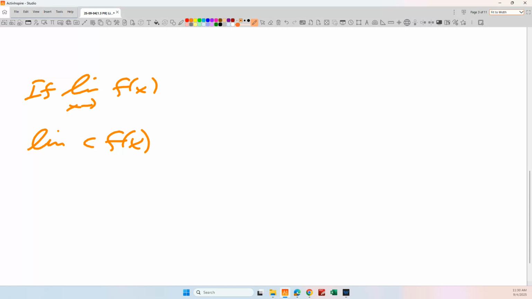You're still getting used to these, but we had a property. The limit of c times, if the limit of f of x as x approaches, how do we get that not to c? Change this just a little bit.